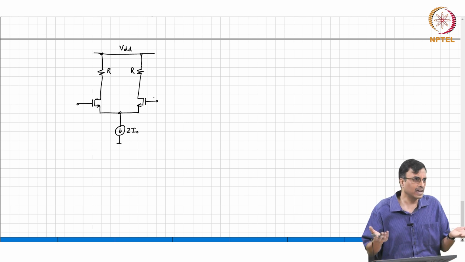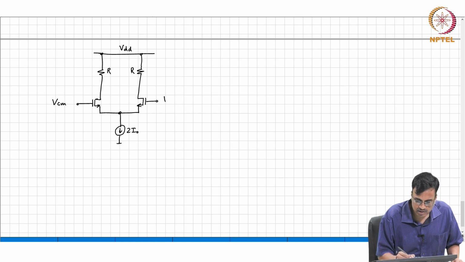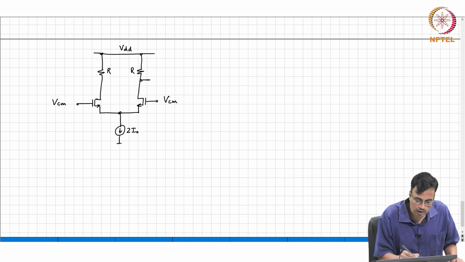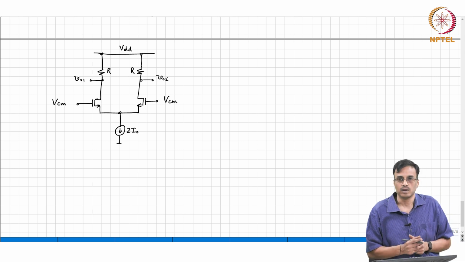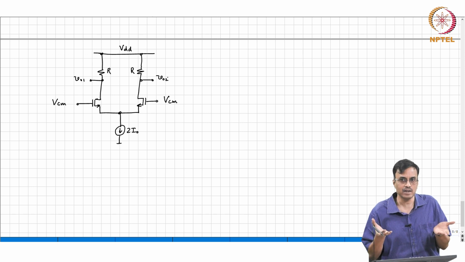And to verify it, again, what should we do? This was VCM. If the differential mode was 0, this was simply VCM on both sides. So, how do we verify that our outputs VO1 and VO2 do not change if both the inputs are changed by the same amount? How will we verify it?